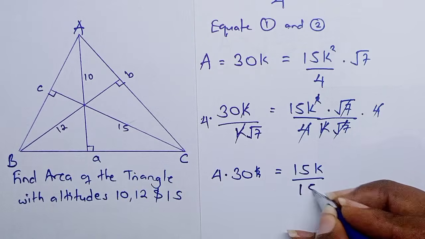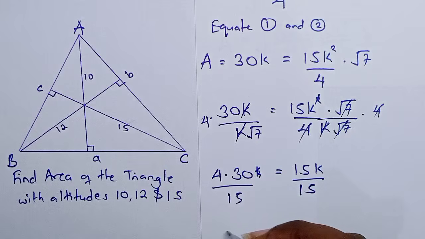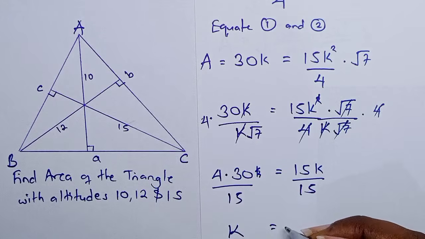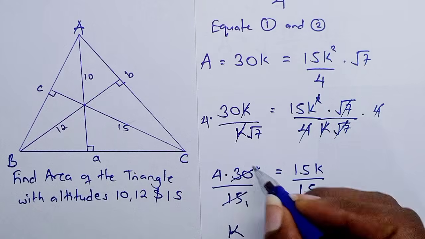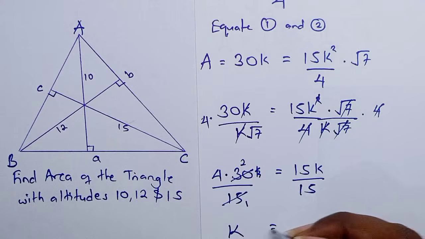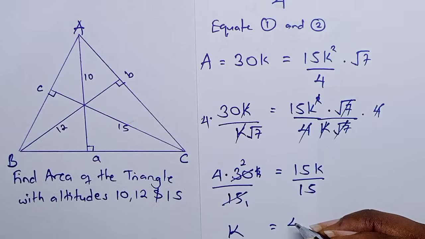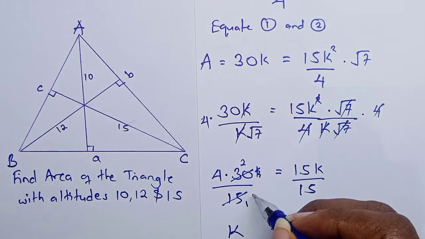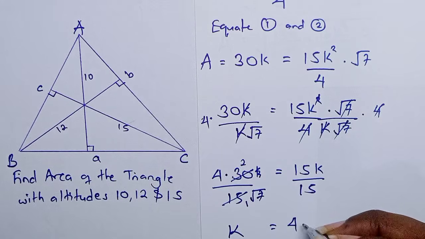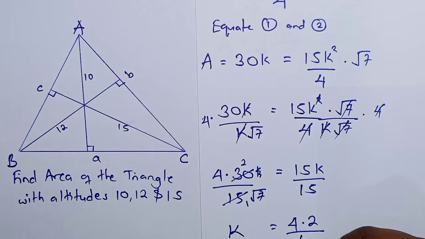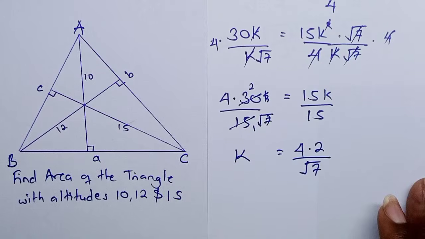So divide both sides by 15. Therefore, k is equal to, so 15 goes into 30 two times. So k is equal to, sorry, I forgot to add this root 7 here. So k is equal to 4 times 2 over root 7.